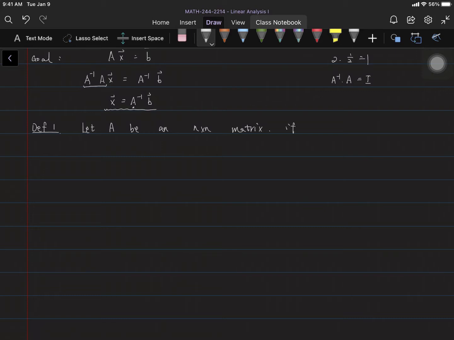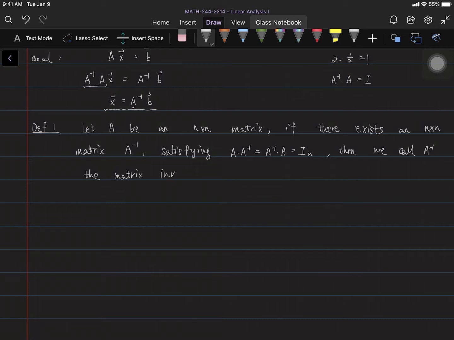If there exists another n by n matrix, the same thing, n by n, and the notation is like this, A to the -1 power, which means inverse, satisfying A times A inverse equals A inverse times A, which is In, then we call this matrix the inverse of A. Okay, this is the definition.